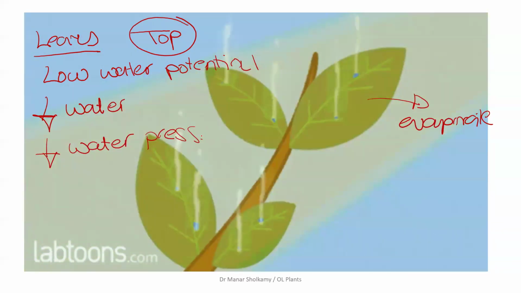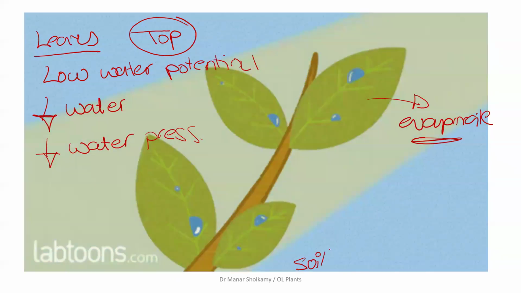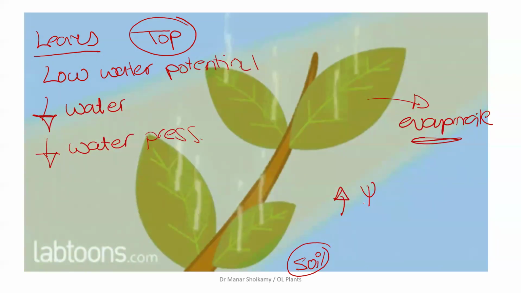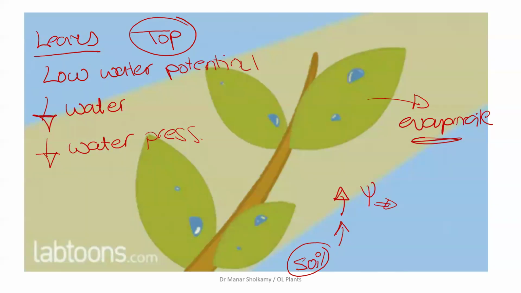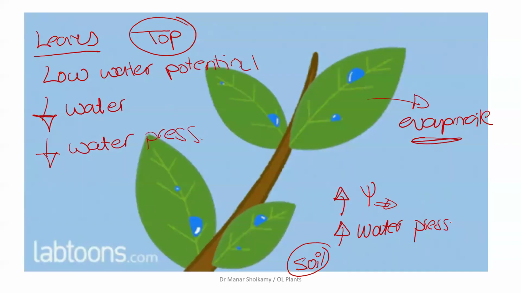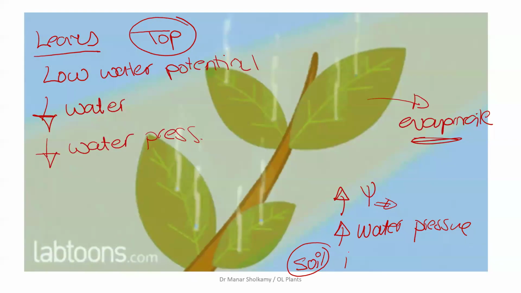Why? Because the water is evaporating. Now, what about the soil? In the soil, I have lots of water. So in the soil, I have high water potential. This is the sign for water potential, by the way. In the soil, I have high water pressure. In other words, and in very simple English, in the soil, I have so much water.